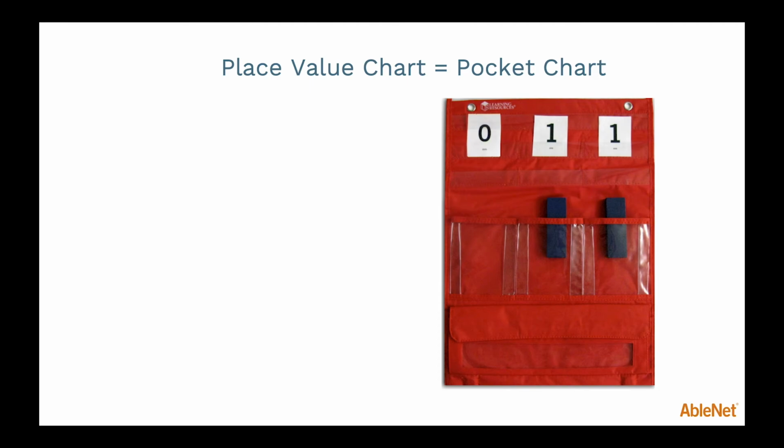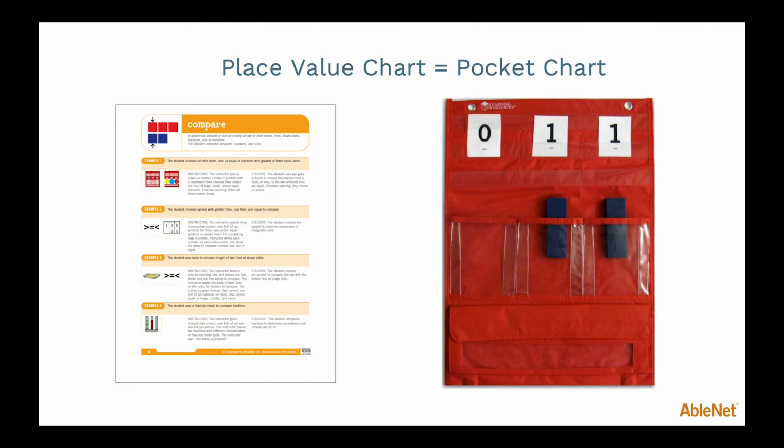The pocket chart is accessible for students through touch, pointing, eye gaze, and verbal communication. It helps build those opportunities and encourages students to talk about math, which isn't always an easy thing to do. You can reference the Action Dictionary for more ways the pocket chart can be used to support students' accessibility.